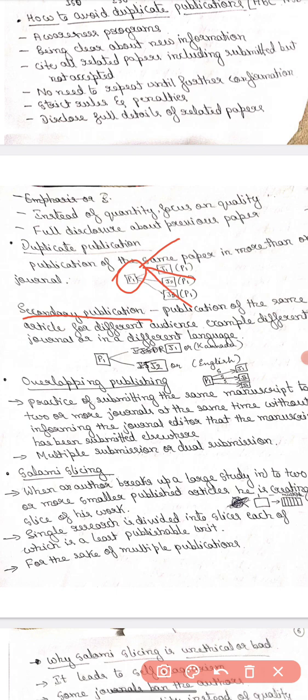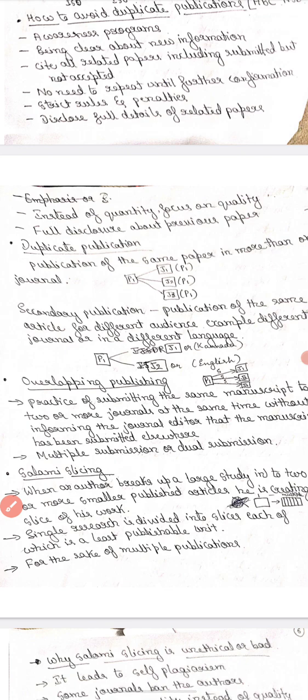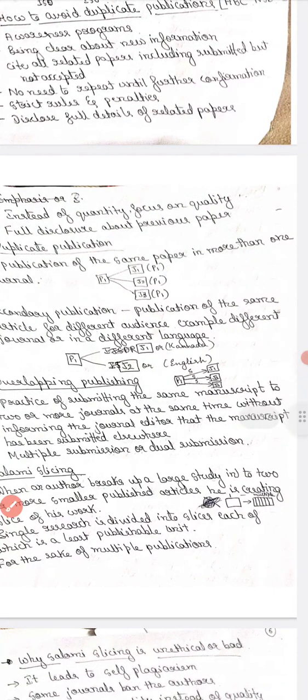Secondary publication means publication of the same article for a different audience, for example a different journal in a different language. Okay, so I already told about transformer protection. So in Kannada, in English, in Telugu, also different languages. So that transformer protection is published in, for example, 3 to 4 journals.